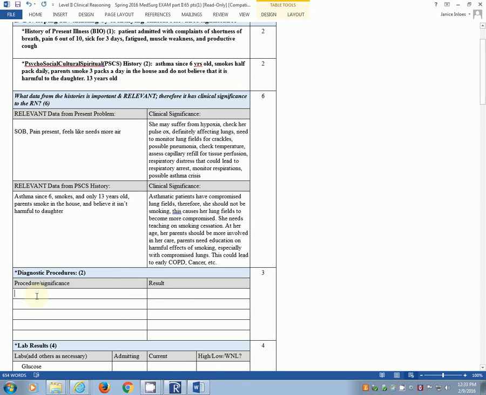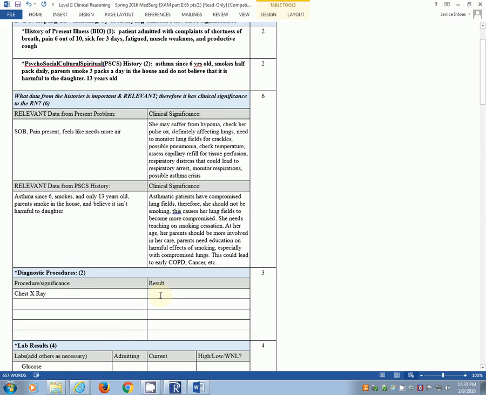Well, we did a chest x-ray. What else did we do? Well, that's the only real diagnostic procedure that we did, because we did do some labs further on.